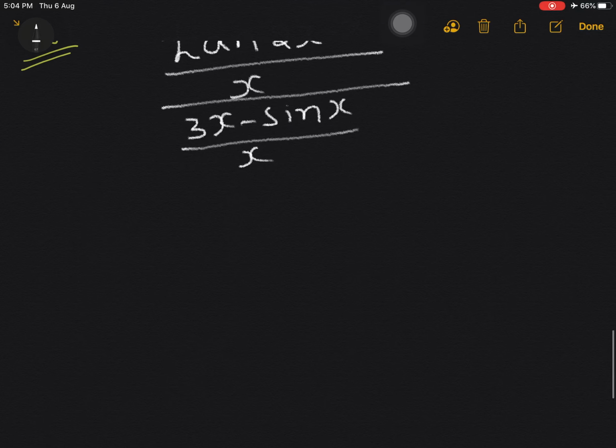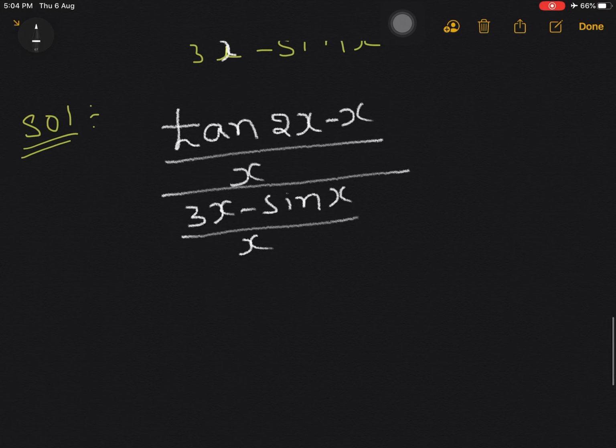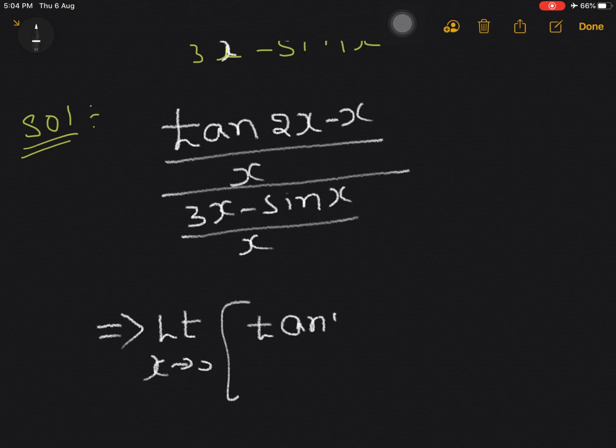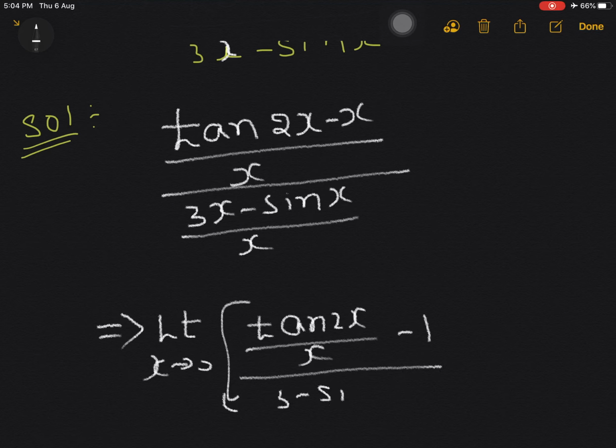Here it is in the form of limit x tending to 0 of tan of 2x by x minus 1, divided by 3 minus sin x by x.